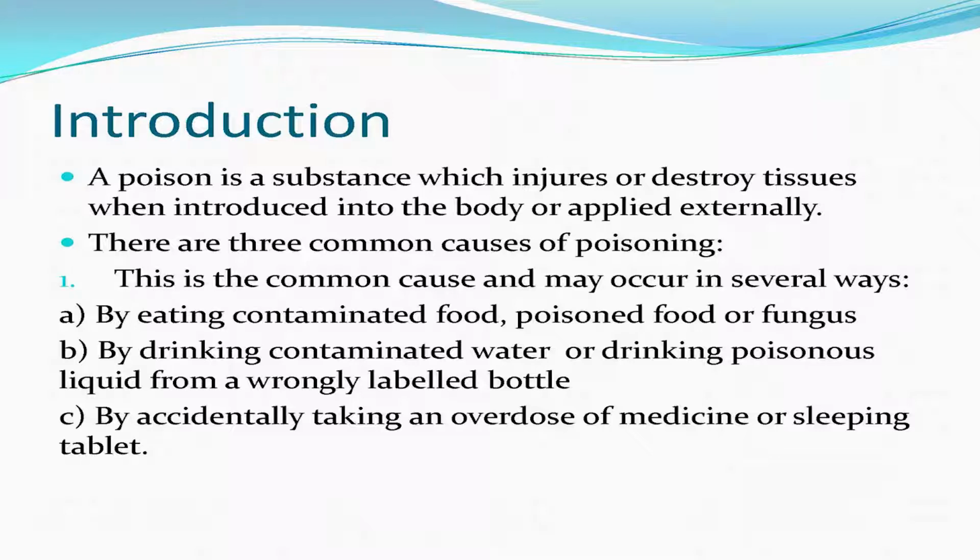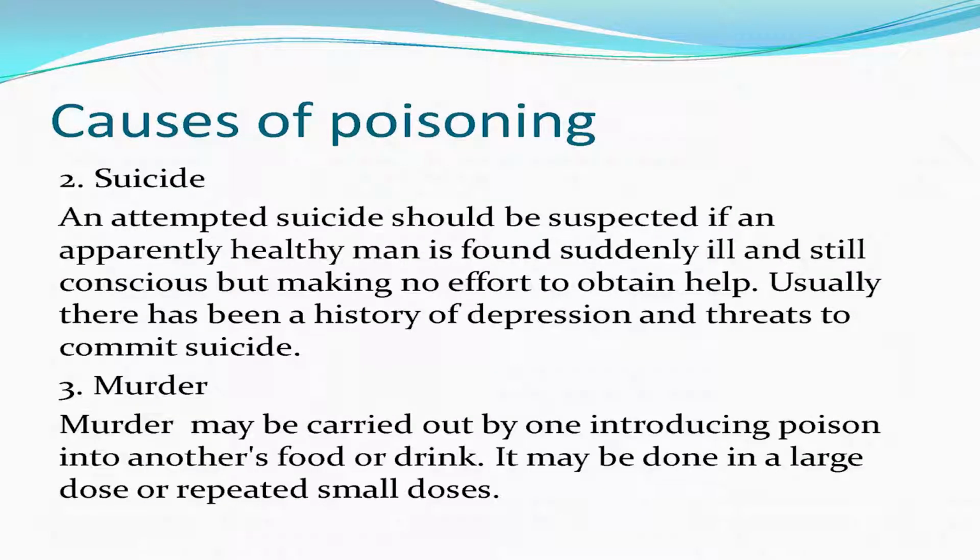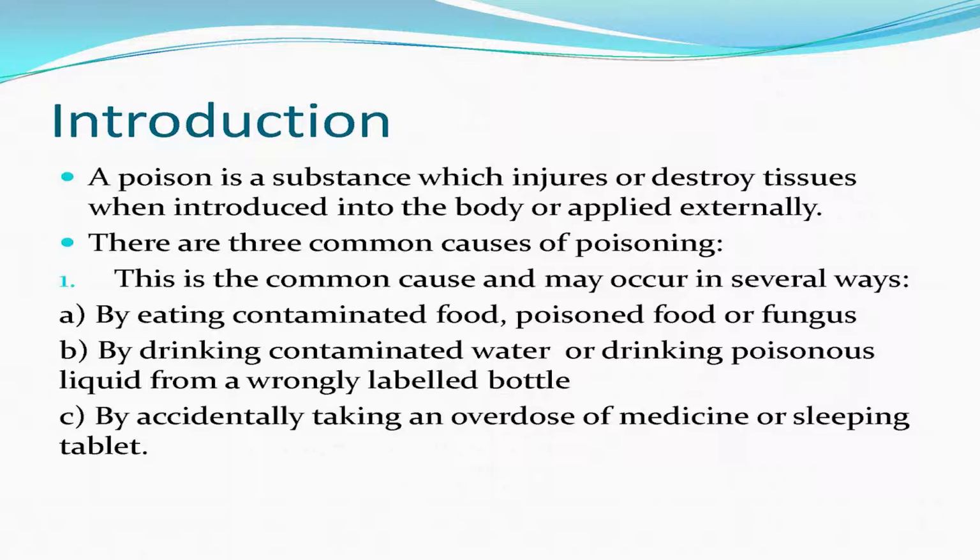There are three common causes of poisoning. One of them is eating contaminated food. Another is committing suicide by killing yourself, or killing someone else, which is murder. Poisoning can occur by eating contaminated food, poisonous food or fungus, drinking contaminated water, or drinking poisonous liquid from a wrongly labeled bottle.